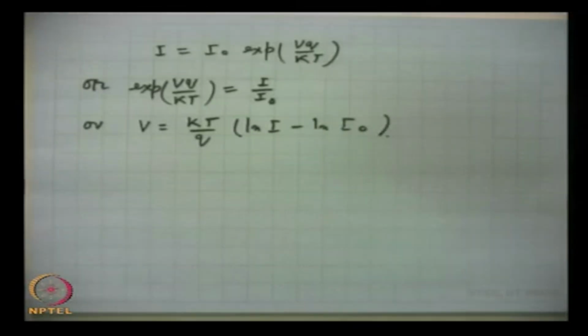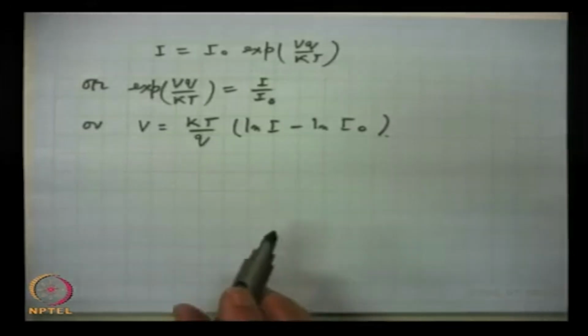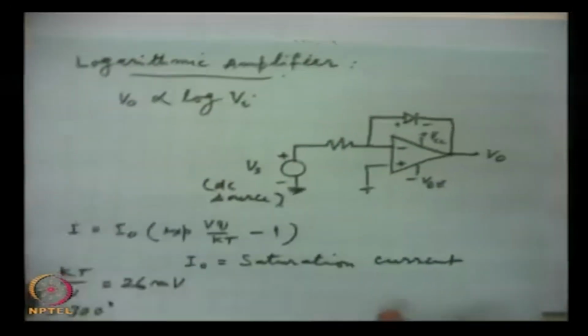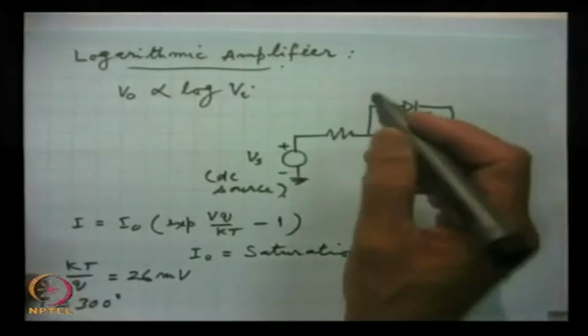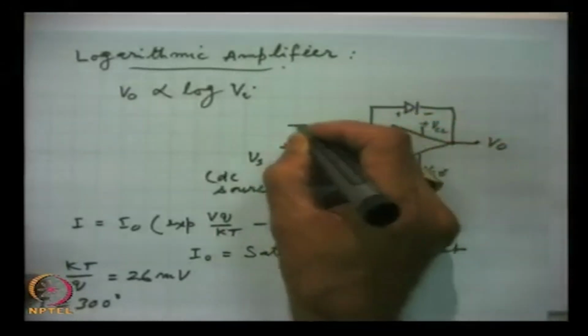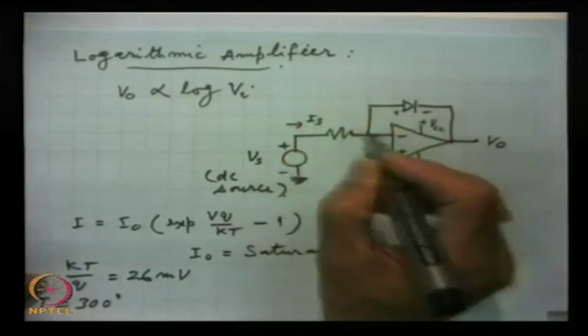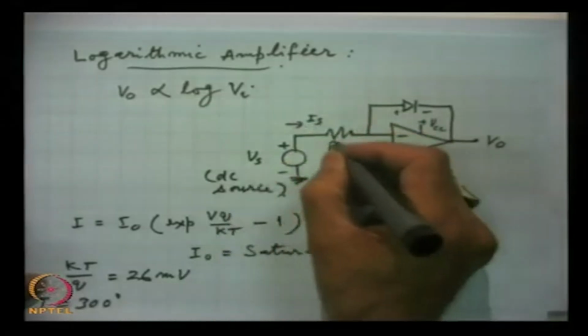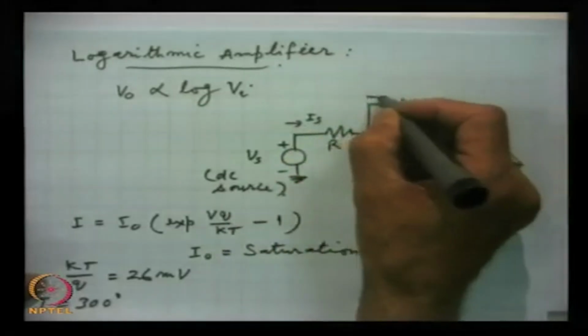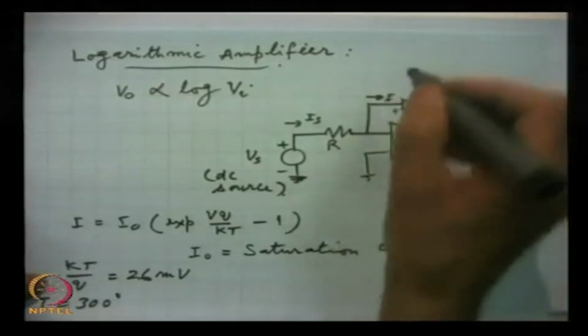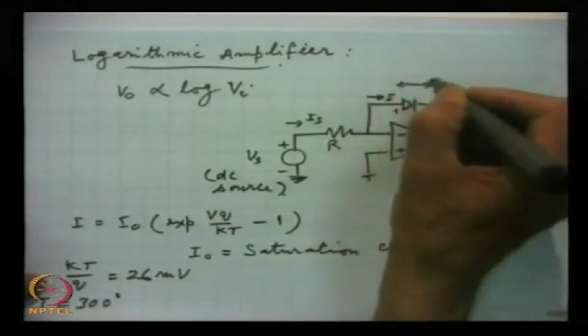And this current I here in this circuit is IS from the source, and this is the voltage V across the diode which we are applying.